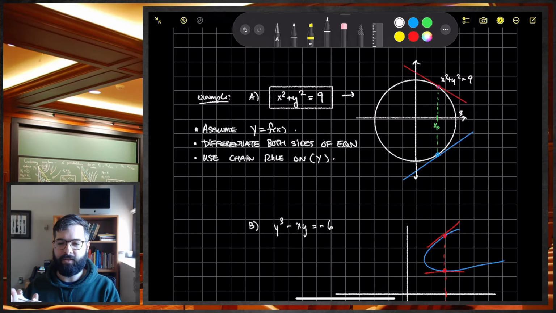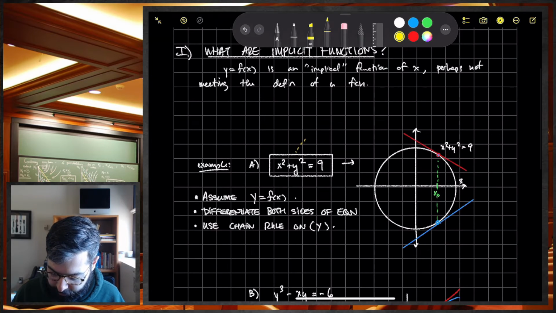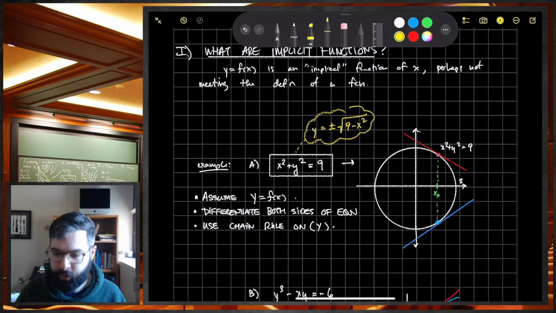Because y is some inner function of x that we don't quite know what it is, right? We don't have the formula for that f of x. Because if you tried to solve this for y, what you'd get is plus and minus the square root of 9 minus x squared, which is really two functions.